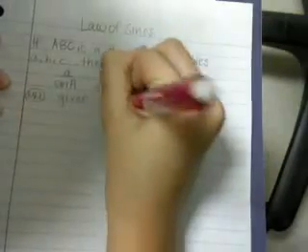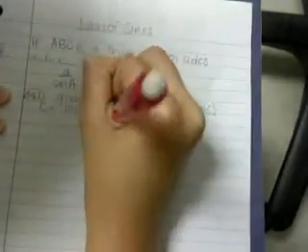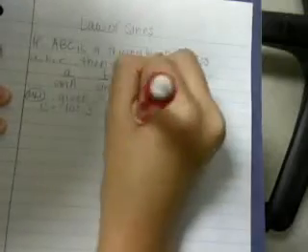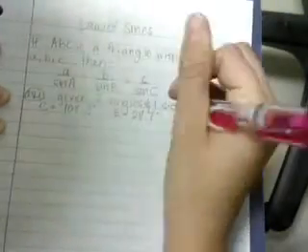The first is if you are given two angles and one side. In this case, we're talking about angle, angle, side. Not that important to you at this point, but it will become more later. Angle C is 102.3 degrees. Angle B is 28.7 degrees.